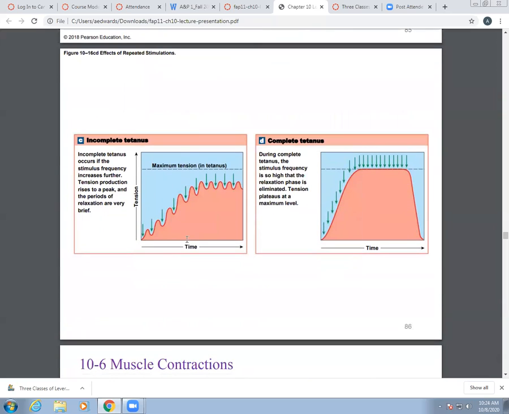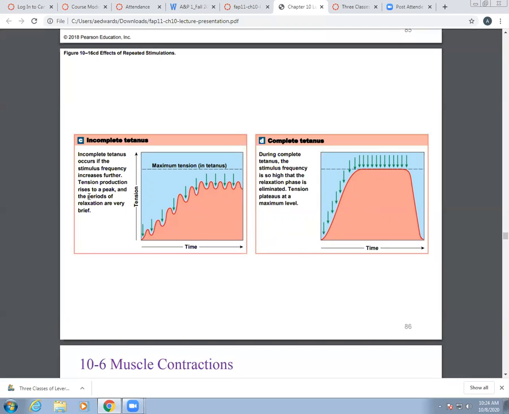All right, so what does that look like? If you see the graph where you get increasing tension, so it looks kind of like wave summation up to this point, but then you see sustained peak tension, but you have essentially peaks and valleys, that's incomplete tetanus. And you have brief relaxation periods.